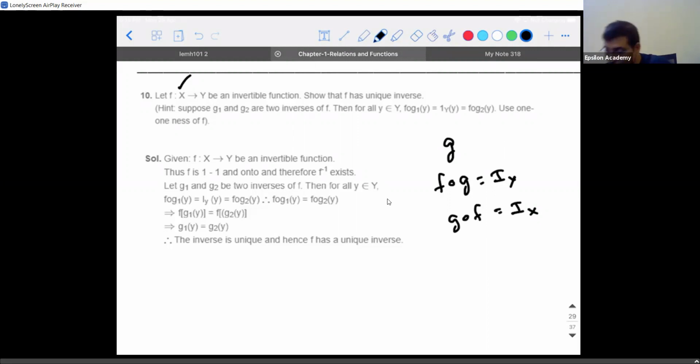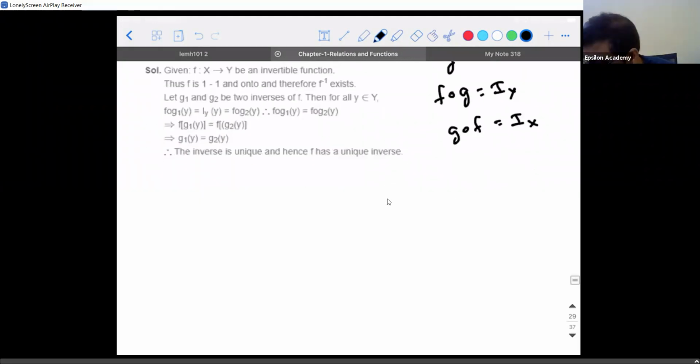Okay, so how to prove this? Since you are saying f, a function mapped from X to Y, is an invertible function, this f is a one-to-one function and onto, hence its inverse will exist. Now the inverse will exist in what way?